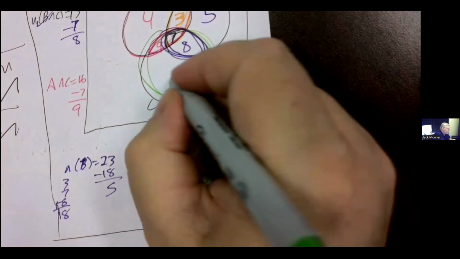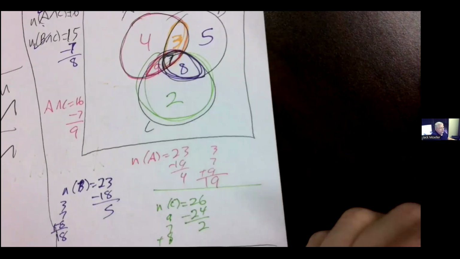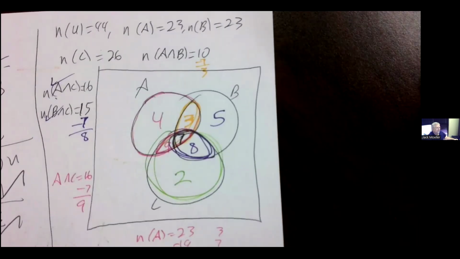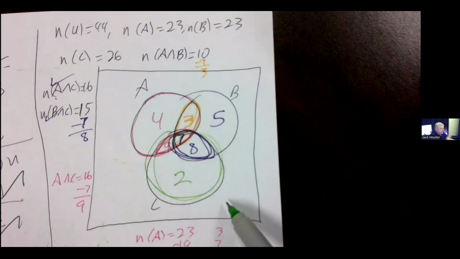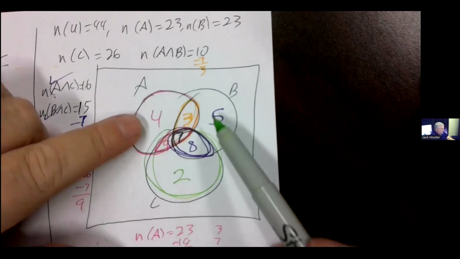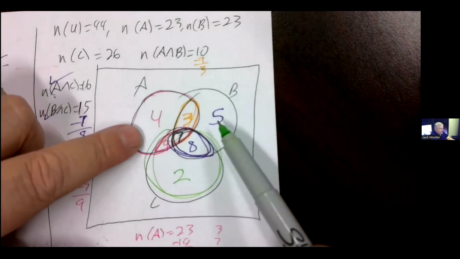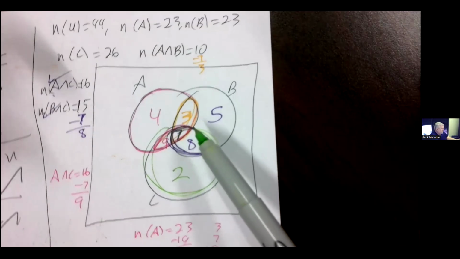So there are 2 left to be just in C. There's a total of 26 in that circle. So are we done? Well, almost, because we have all the regions inside. Now we need the region outside. And this is where, if you're forgetting to subtract, you may already hit negative numbers in the only regions. But again, if you're getting negative numbers, you forgot to subtract.